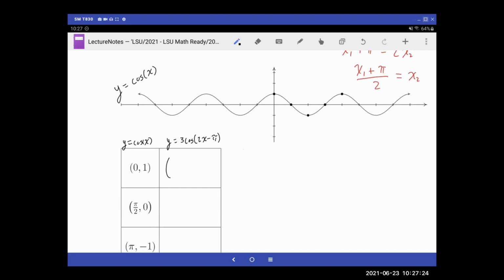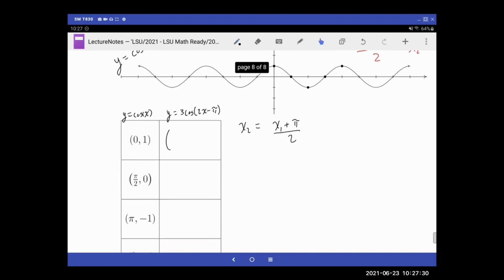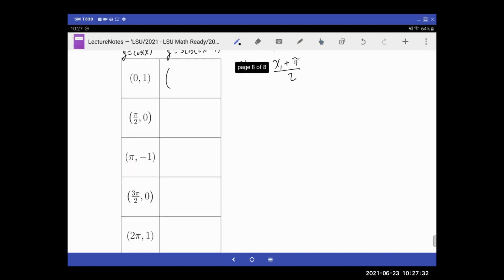Okay, so let's put this to use. So x2 is equal to x1 plus pi over 2. Okay, well, on the first one here, we're transforming this x of 0, x being 0. So 0 plus pi divided by 2 would be pi over 2.